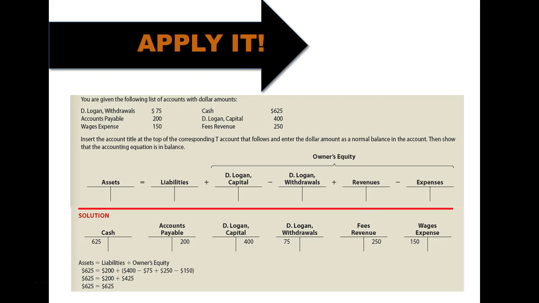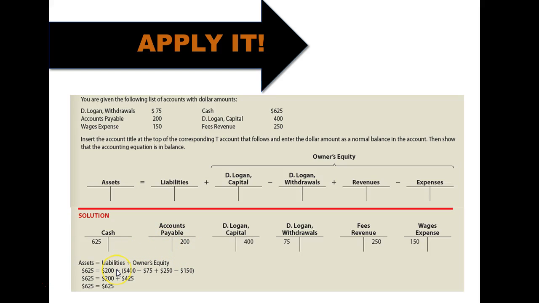So remember, again, our assets have to equal our liabilities plus our owner's equity. Let's look at this. We only have one account that's an asset, cash, $625. So our assets equal $625. Assets always equal liabilities plus owner's equity, don't they? How much is our liabilities? $200.